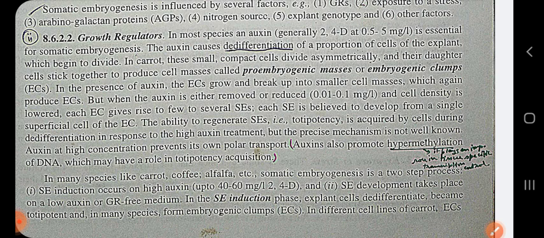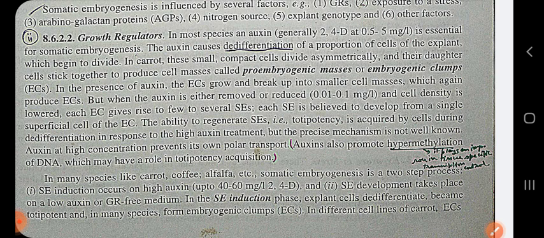To overcome this problem, we can reduce the concentration of auxin or not apply auxin to the culture medium, and if the cell density is lowered, these embryogenic clumps will give rise to somatic embryos. Now, somatic embryos are believed to develop from a single superficial cell of the embryogenic clumps.